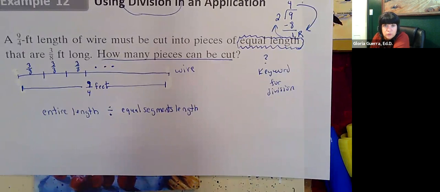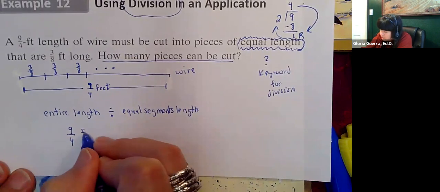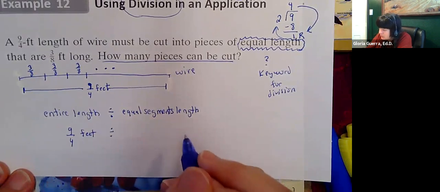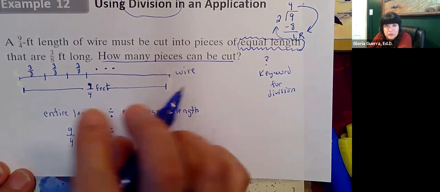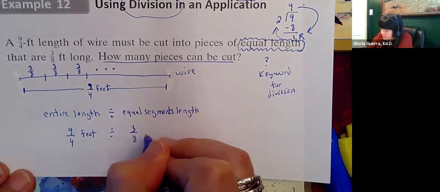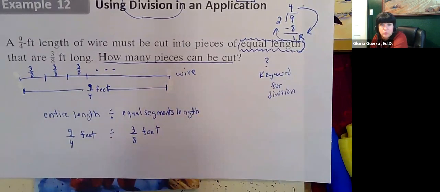You put your entire length first, which is 9/4, in feet, and then you divide it by the equal segment length, which is 3/8, also in feet. That's good, you need to have the same units, otherwise you'd have to do some conversions. So we're working with 9/4 divided by 3/8.